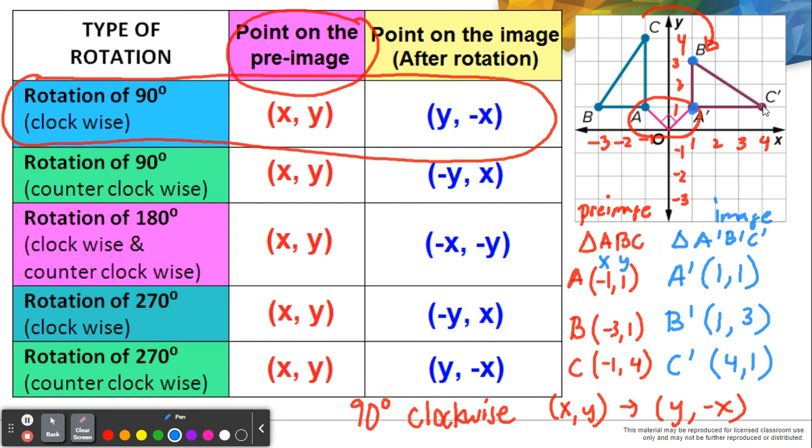As you can see, this is our C prime, 4 and 1. So it follows the coordinate notation y and negative x. It's very important for us to be familiar with this rule so that it will be easier for us to rotate our image. I would like you to complete your table, and then we are going to proceed to our examples applying the rules for our rotation.